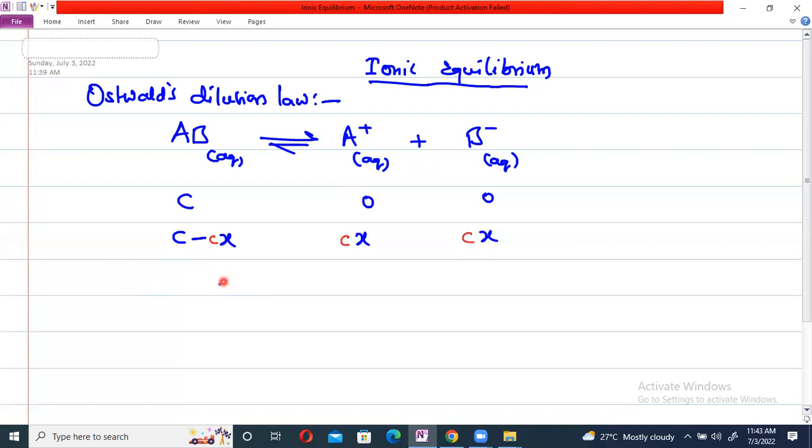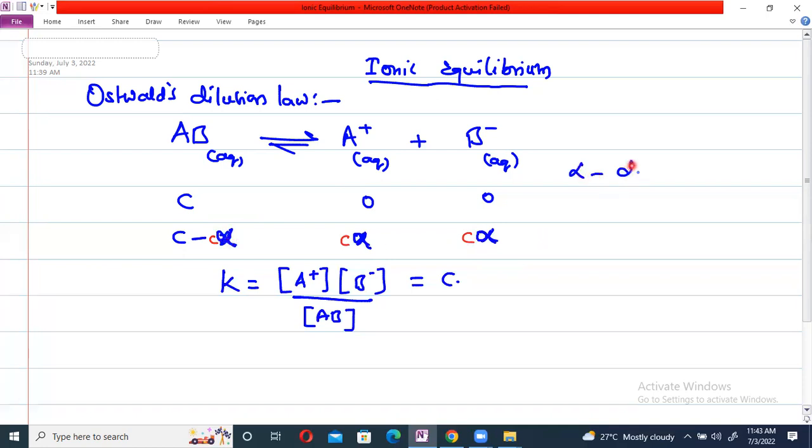So if you apply the law, if you want to write the equilibrium constant K here, that is equal to concentration of the cation into concentration of the anion by AB. Concentration of cation, C into X means we can say it is C alpha, and C alpha.